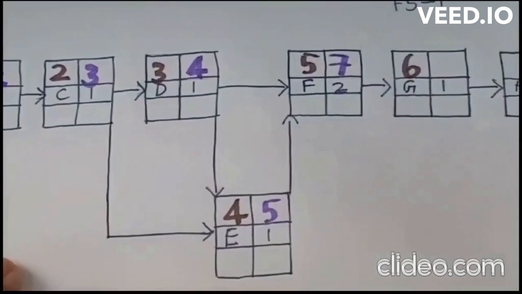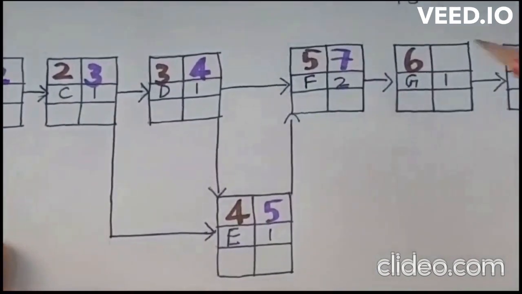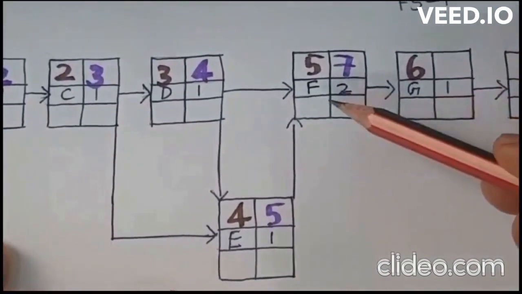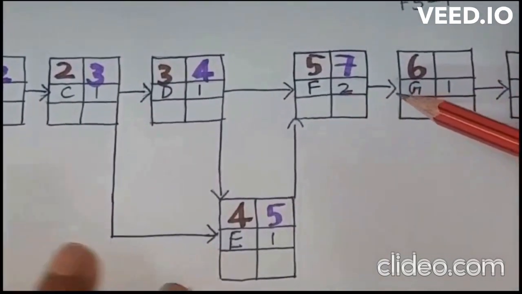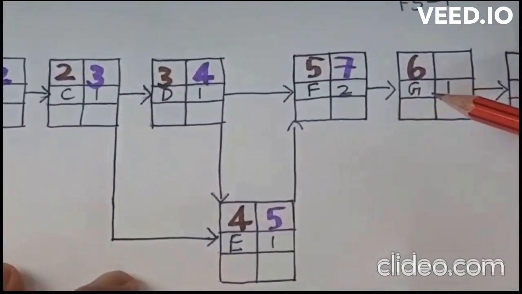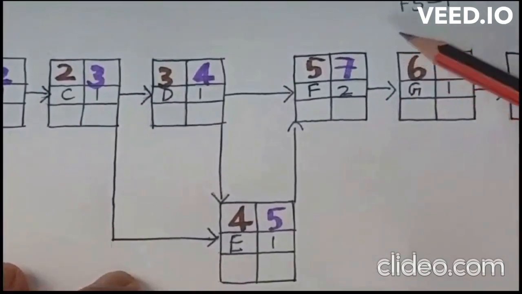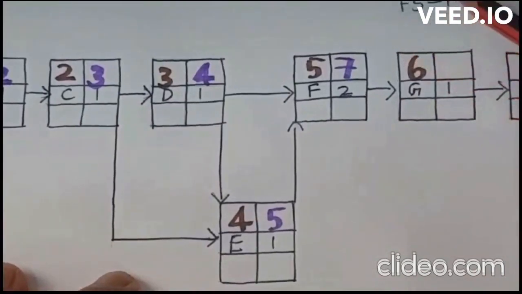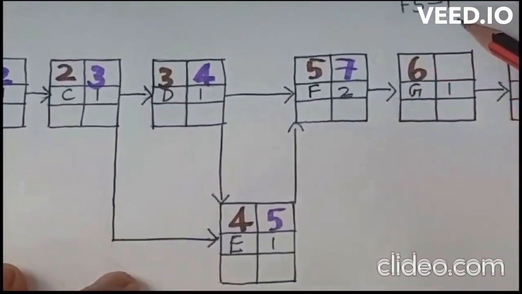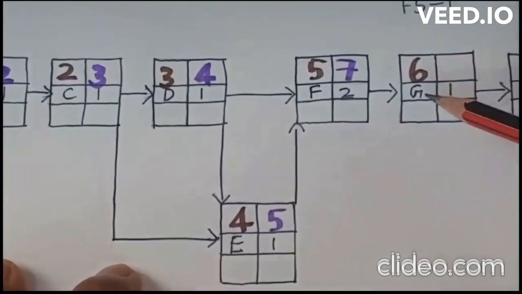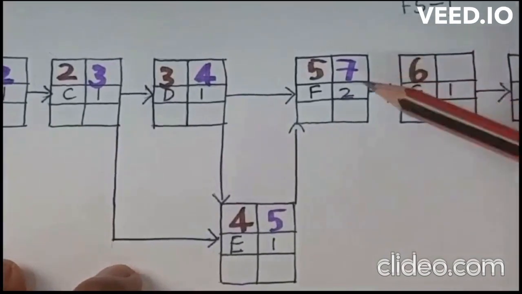So here for G, F is the predecessor and the relationship is finish to start, but there is a condition: finish to start with a lead of 1, that is FS minus 1. That means activity G starts 1 day before activity F finishes.